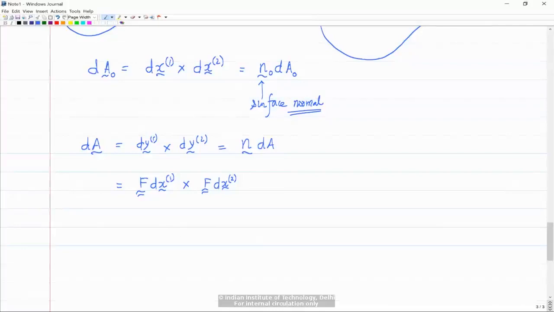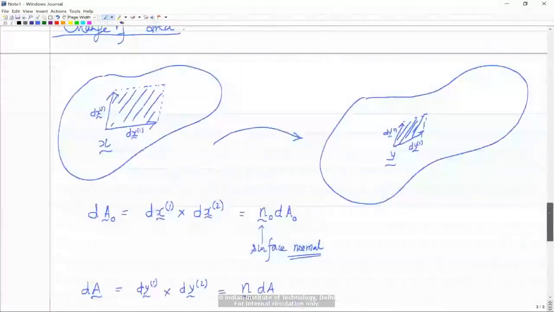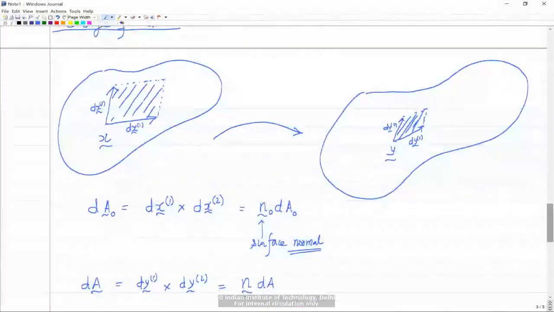Are the lines remaining straight in a deformed configuration, or are we assuming? Remember that it's a zoomed picture, but they are infinitesimal line elements, so they of course remain straight once they deform. That is something we have seen in the beginning. So dy and dx, they are both straight infinitesimal line elements.